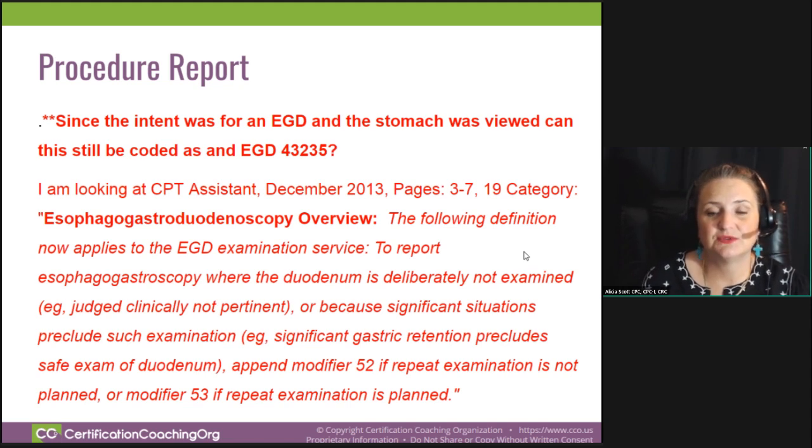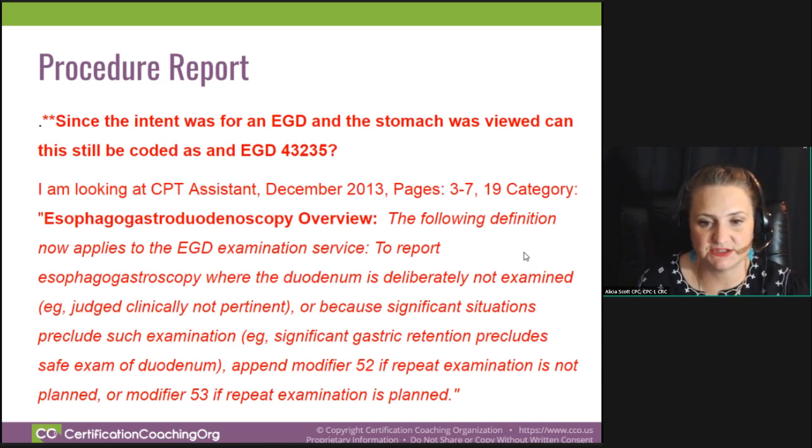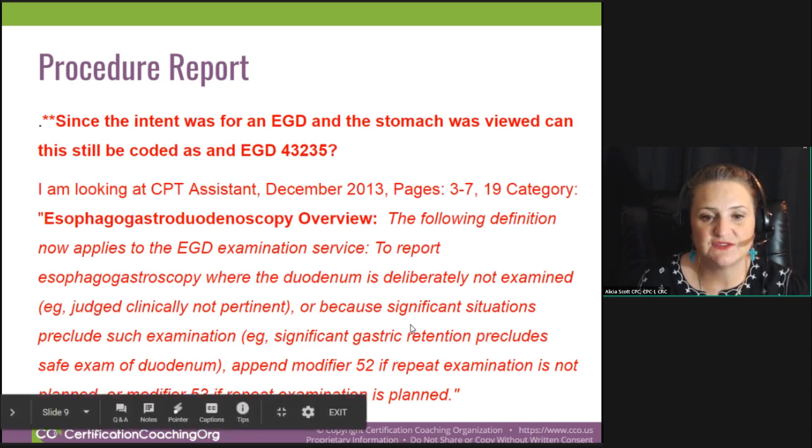And now she's going to go later and have another lower GI done, because she's had IBS since she was an infant. So again, note the difference between 52 and 53.